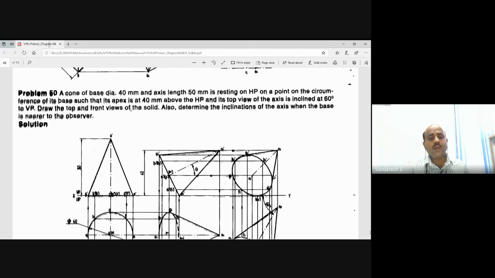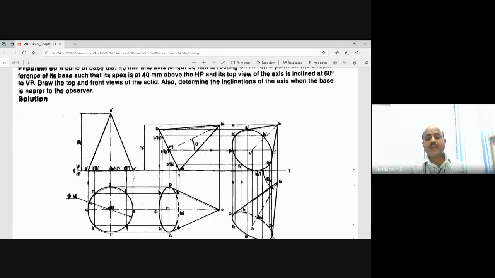When you rest it on the HP and observe it from the top, it looks like a circle.